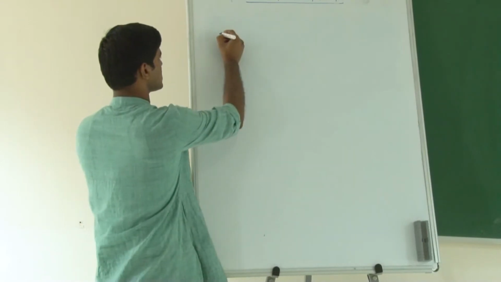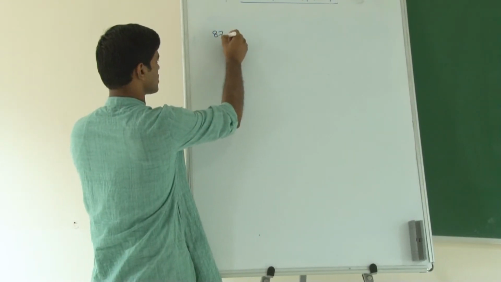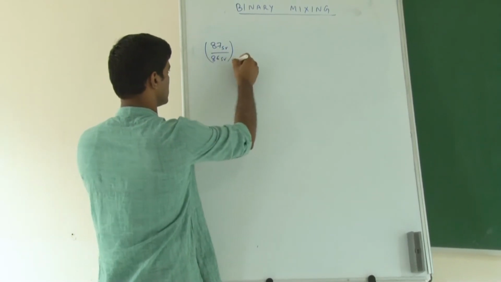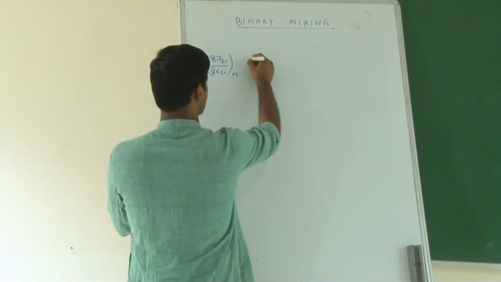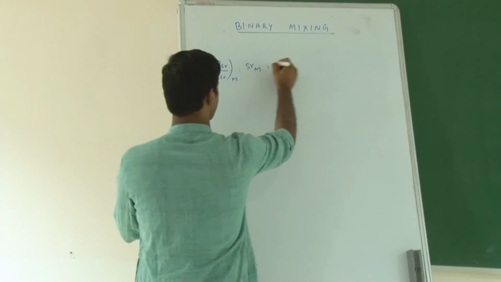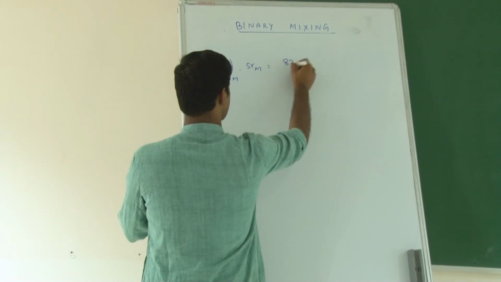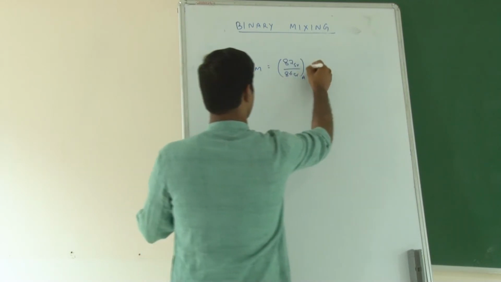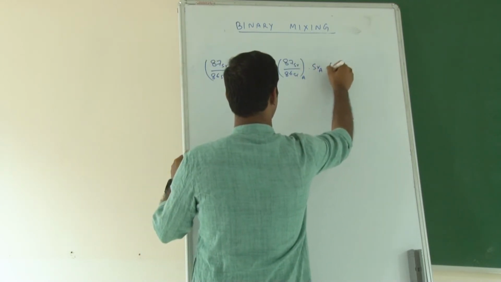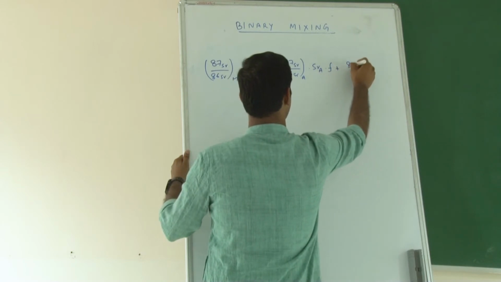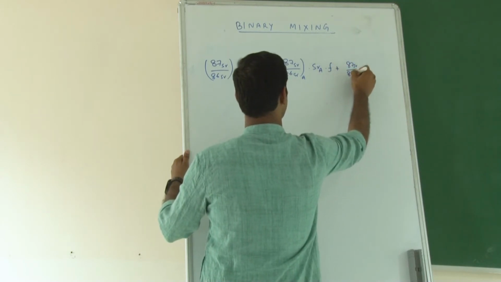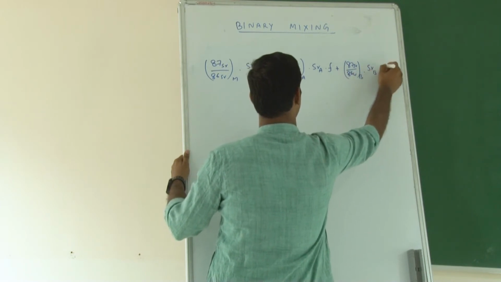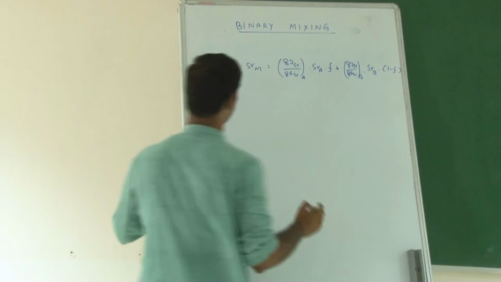So, what we discussed is 87 strontium by 86 strontium in a mixture will be, so there was a strontium M term, 87 strontium by 86 strontium A into strontium A into F plus 87 strontium by 86 strontium in B, the concentration in B, into 1 minus F. Okay.